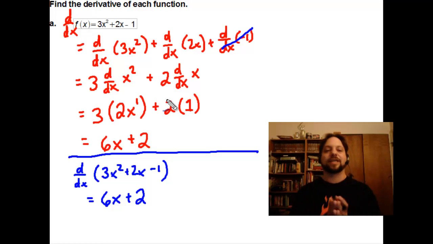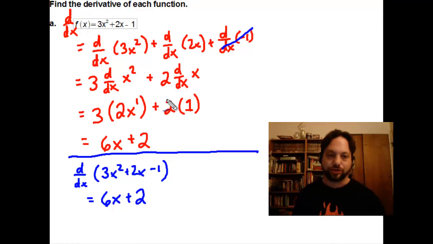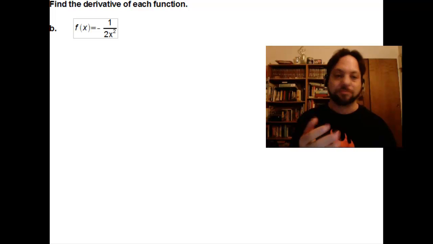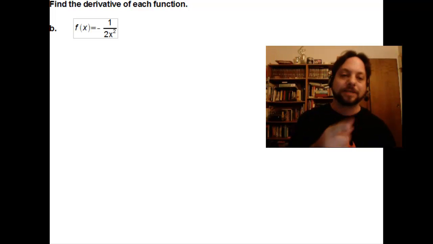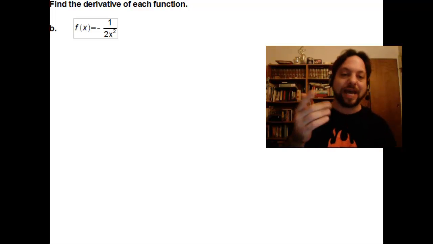So let's go ahead and take a look at example B, where we're actually going to have to rewrite certain terms in order to handle them quickly and efficiently. I hope I've convinced you so far that differentiation is easy. Nothing too bad about it, but take a look at example B here. How would we handle something like this, where the exponent is in the numerator?